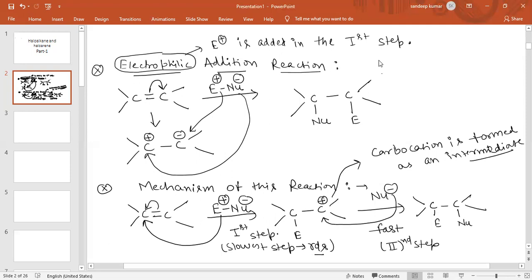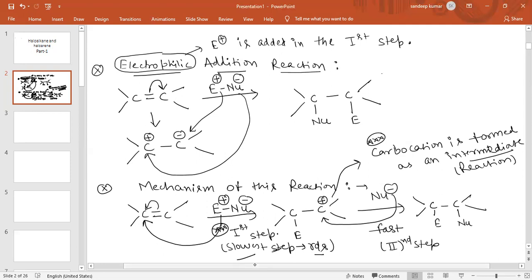So this is basically the reaction intermediate. In this way we have seen how the reaction intermediate is formed, and note this point, this is very important, and also this point: this first step is the slowest step.